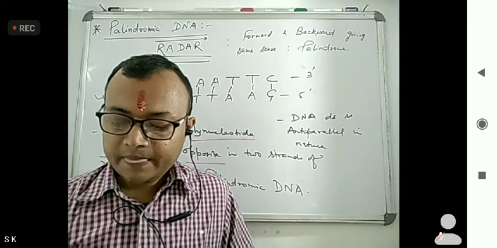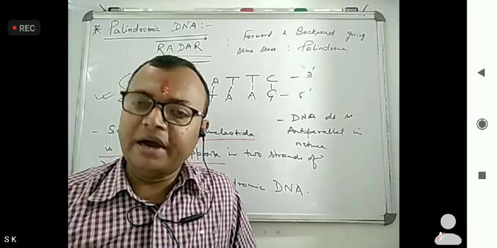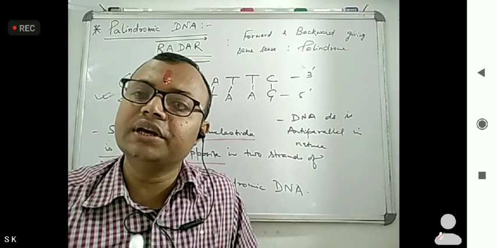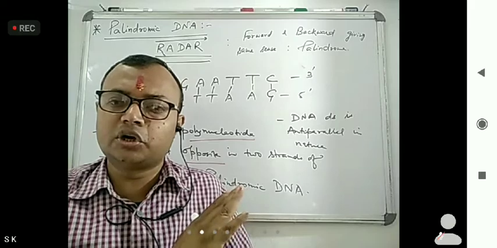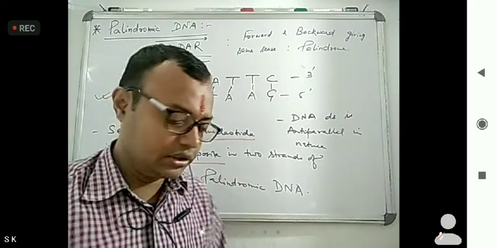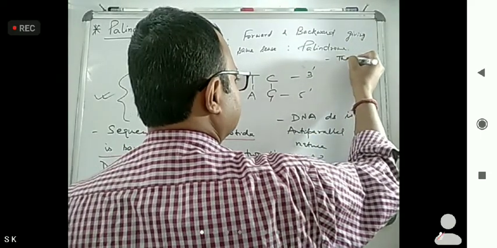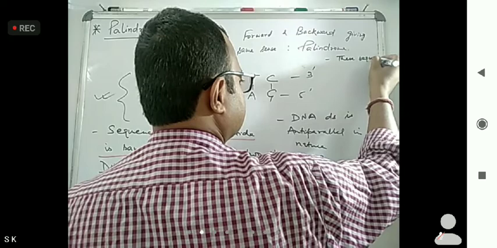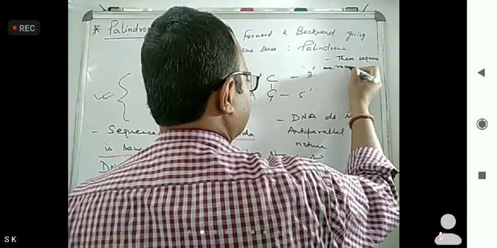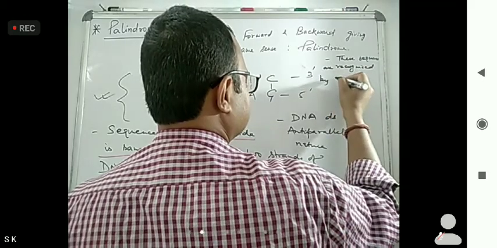Now these sequences are recognized by restriction endonuclease and used in genetic engineering. Why is this palindromic DNA helpful?